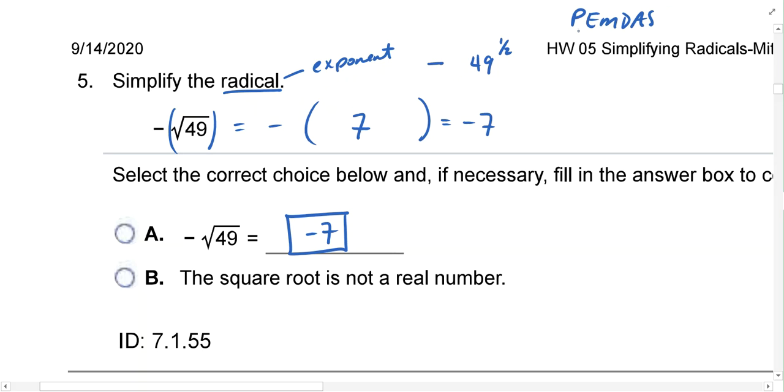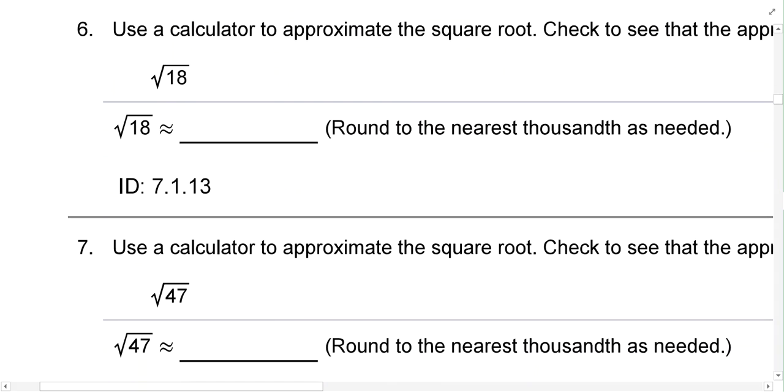And so if we follow the order of operations, exponents must be simplified, so in this case 49 to the 1/2 power, before we multiply or divide. And this is a negative symbol, kind of like a -1, that multiplies into this result. So that's the reason why we would apply and execute the square root first, and then the negative symbol after. It's all a part of the order of operations. You could check that with a calculator, but I'm going to move on here.